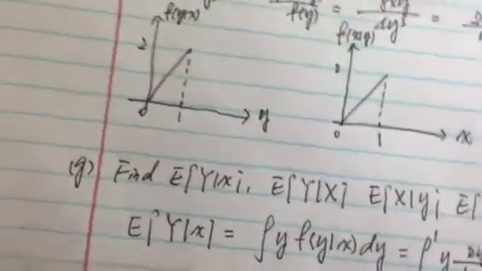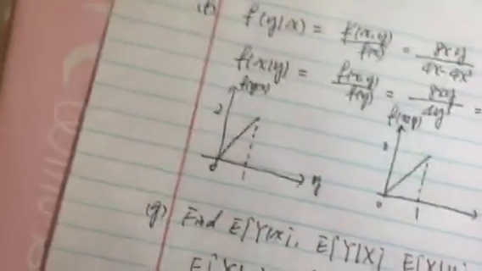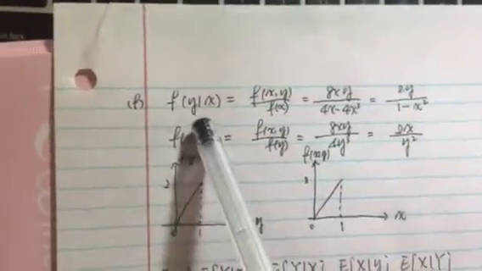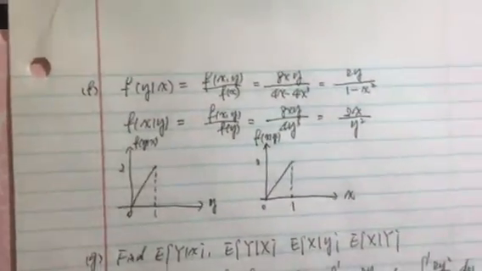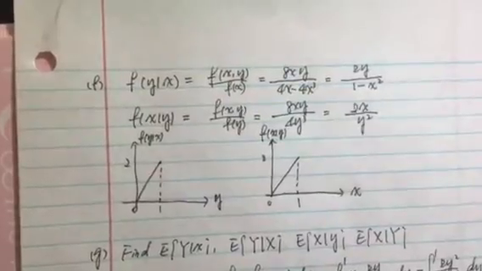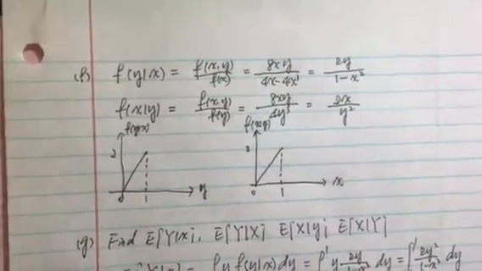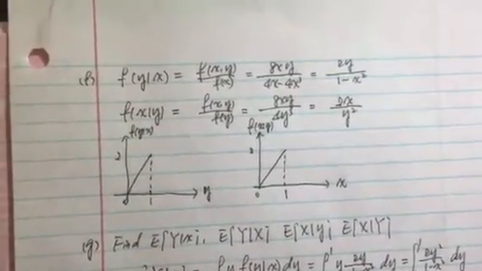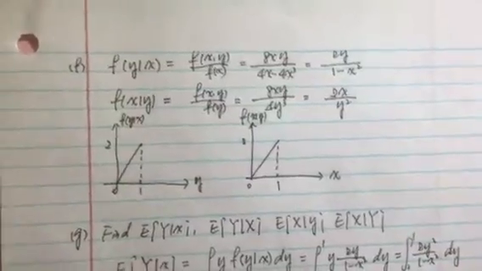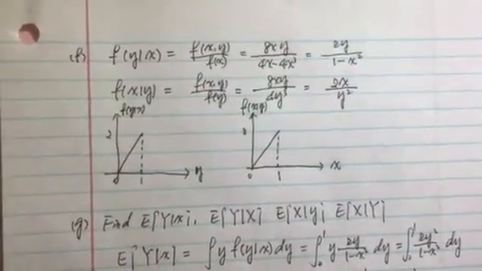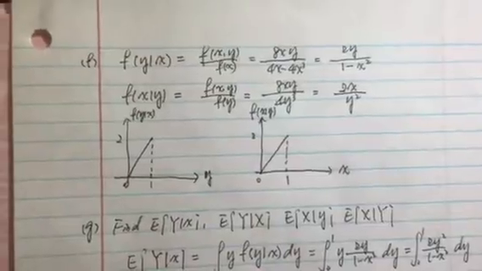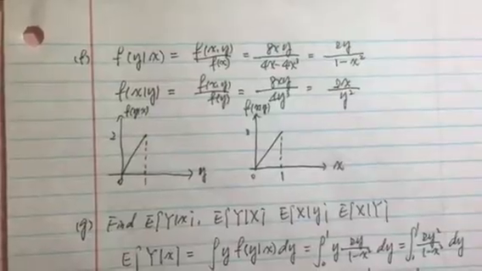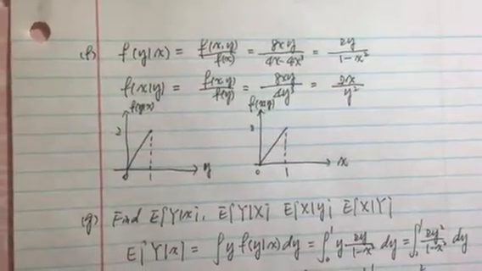Now for part F, we need to find f_Y given x, which is the function f_XY over f_X. f_XY from part A, we know it's 8xy. f_X, we got it from part B. We know that's 4x minus 4x cubed, so this is 2y over 1 minus x squared.